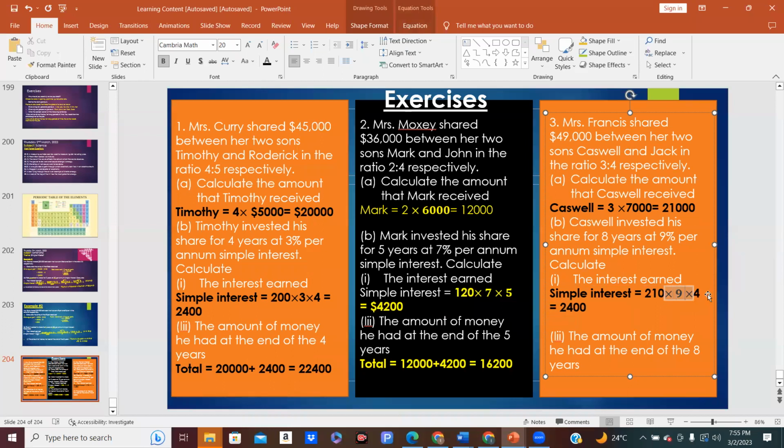What is that going to give you? 1,890 times 8 would give you 15,120. What's your final answer? 15,120. Yes, that's correct.